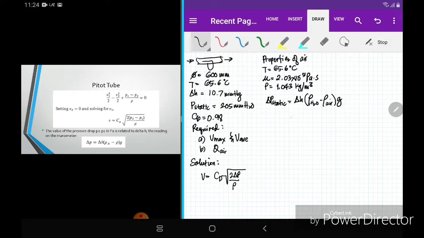This is then equivalent to 0.205, which is in meters, multiplied by the density of water, around 1,000 kilograms per cubic meter, minus 1.043 kilograms per cubic meter, multiplied by 9.81 meters per second squared.